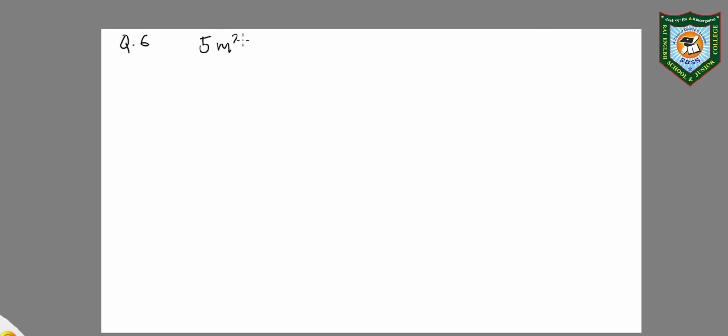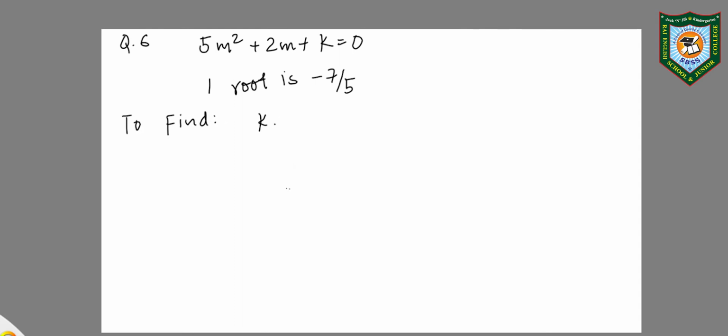So I am given the equation 5m square plus 2m plus k is equals to 0, and I know that one root is minus 7 by 5. I have to find the value of k. Now, as we can see, this is an activity question. I'll be highlighting anything that is in the box by red so that it is easy for you to understand.